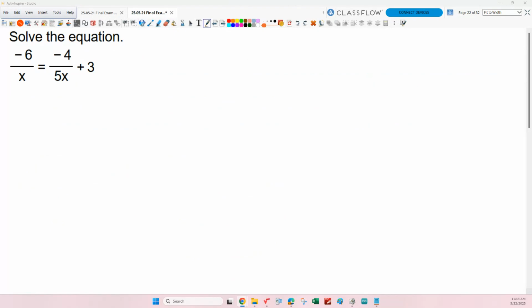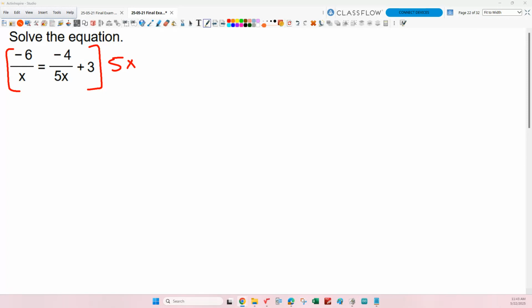Okay, what'd you do to solve this one? Okay, because that's our LCD, right? If we multiply by 5x, because if we have, look at this, that factor's already in our LCD, so we don't need to do it twice.